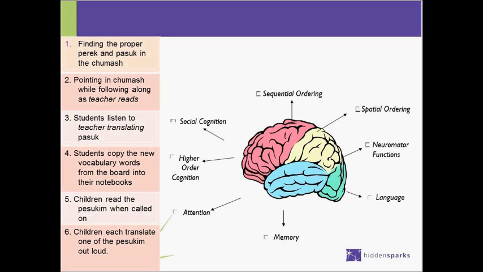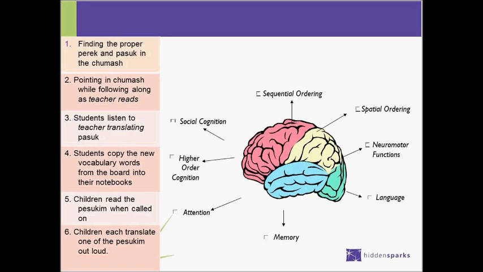So we have some responses here. We've got sequential ordering, spatial ordering, language, attention. I'm not sure if language was there. In any case, we're looking at spatial ordering and sequential ordering.